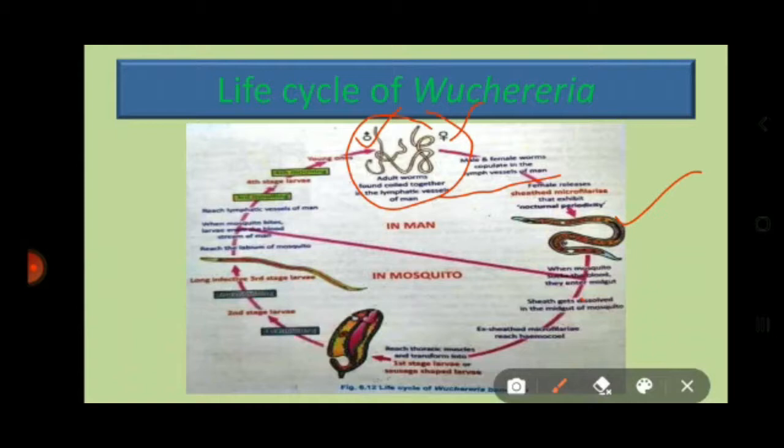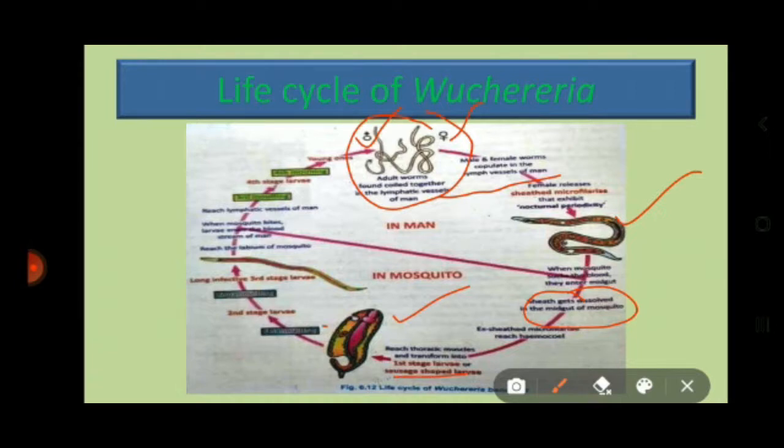In the body of the vector mosquito, they reach the alimentary canal, the stomach of the mosquito, where the sheath gets dissolved, and the exsheathed larvae reach the hemocoel, and from the stomach they reach the thoracic muscles, where the larval stage undergoes molting to form the first stage larva, which is a sausage shaped larva.